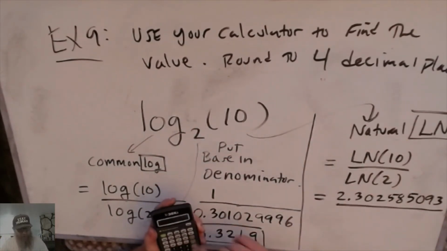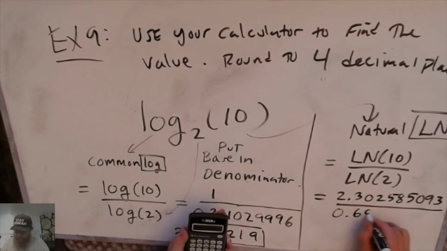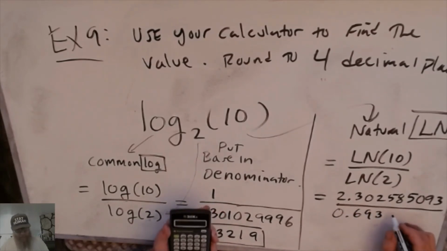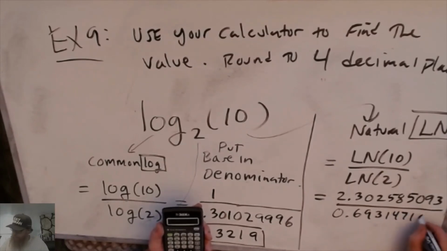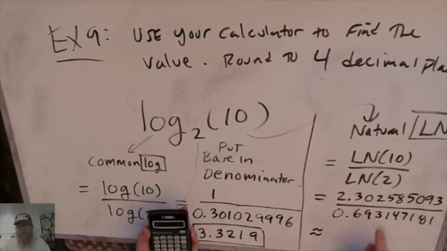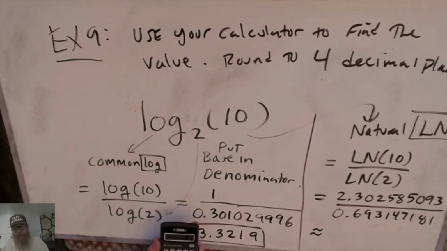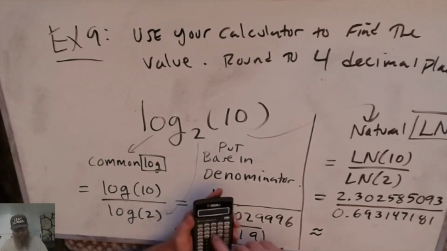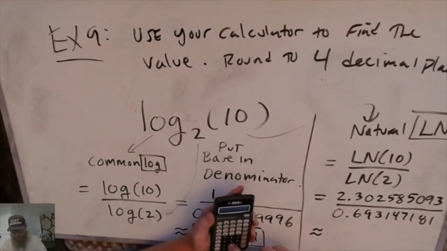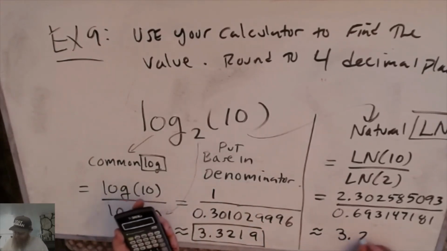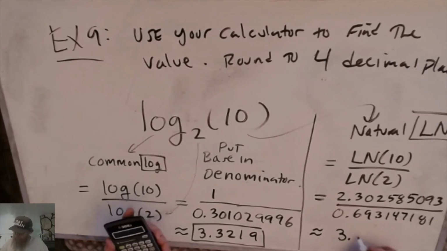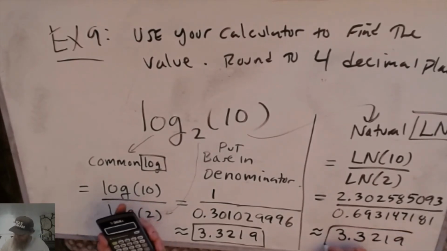Ln of 2 is 0.693 9314781, and then divide these on your calculator. 0.585093. And what do you know? You should get exactly the same answer either way.